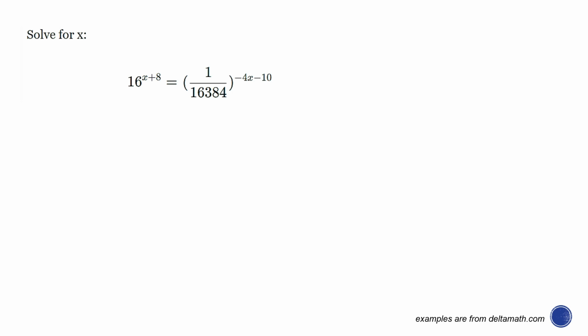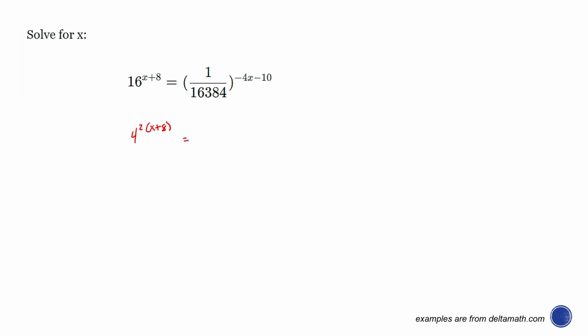So let's say I'm using my calculator now and thinking about 16 and 16,384. So 16 raised to 3, no. Okay, I think we cannot use 16. So how about 4? 16 is 4 squared, right?